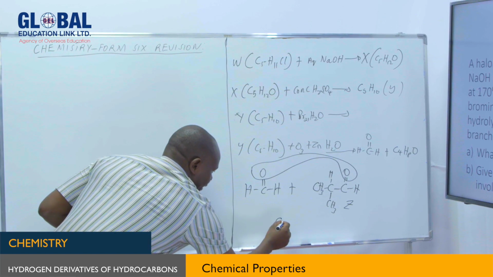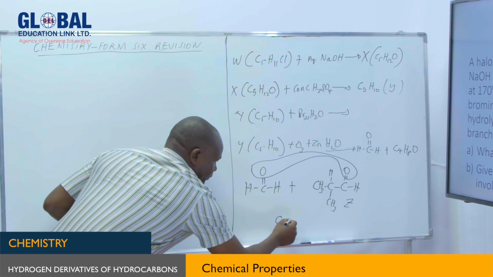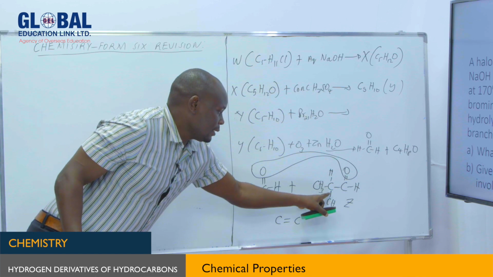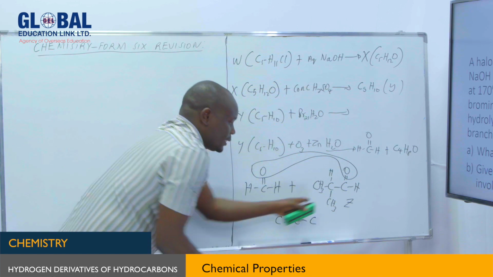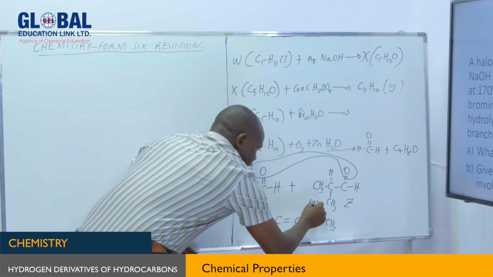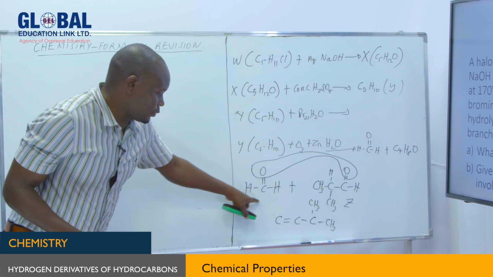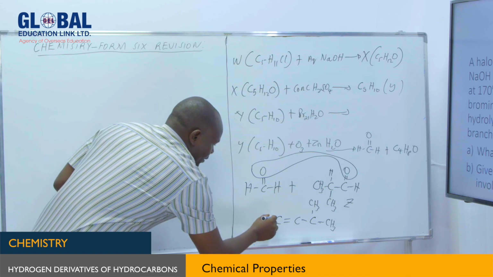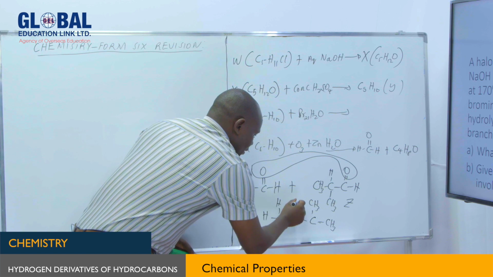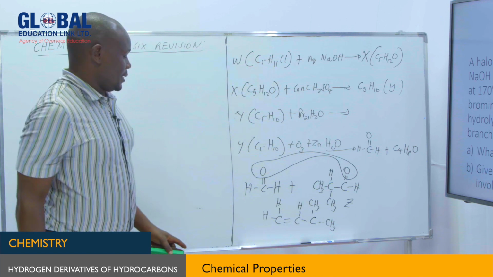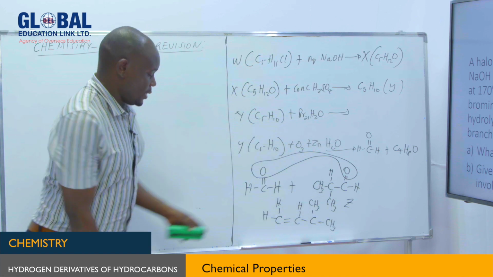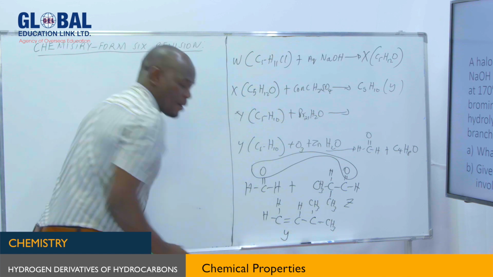This carbon atom has CH3 and this carbon has CH3 and CH3, but this carbon with the double bond from methanal has hydrogen. So this is the structure of the alkene in which ozonolysis took place. So this will be Y.